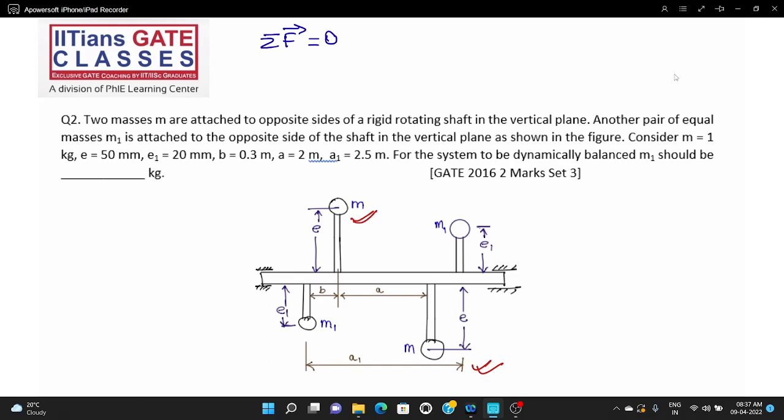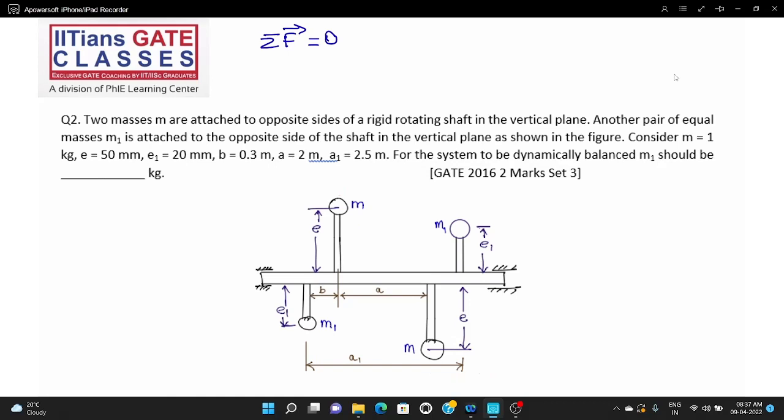So definitely whatever centrifugal force this is going to create, it will be cancelled by this. Whatever centrifugal force M1 is going to produce, it will be cancelled by the M1 mass attached exactly at the same radius, but on the opposite side. So you can analyze from here that this system is statically balanced.